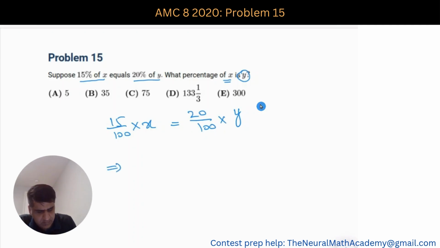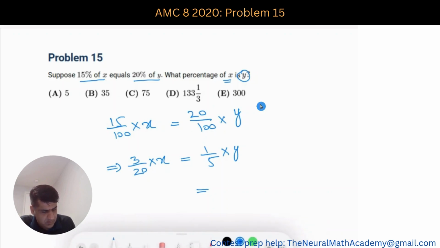So let's first simplify it. So I will get 3 over 20 multiplied by x. So here I will get then 1 over 5 y. So if I multiply the equation on both sides with 5, then I can isolate y. So I multiply by 5 on both sides, it cancels out, and y is equal to now 15 over 20 x.